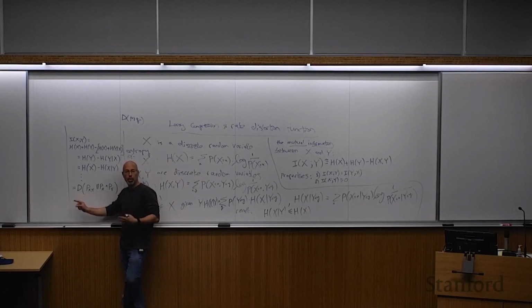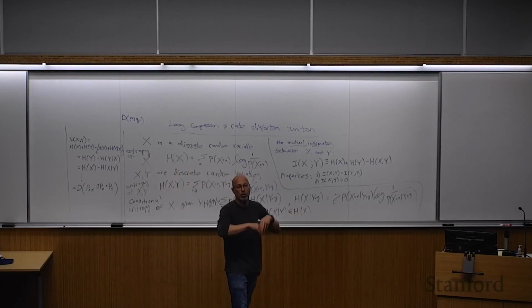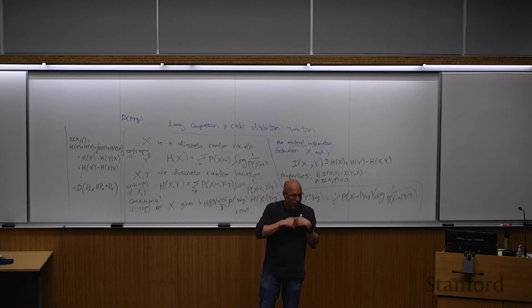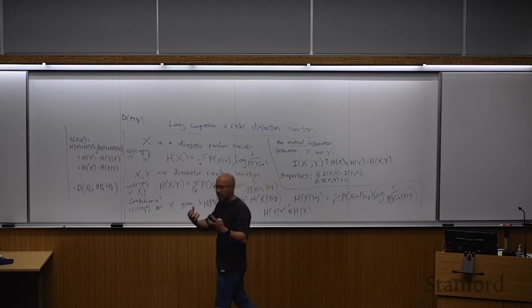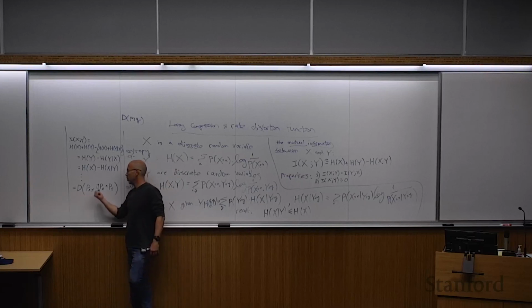So you can always talk about the relative entropy between two distributions, not necessarily probability mass functions, but two distributions that can govern arbitrarily abstract random objects. And so you can always talk about a relative entropy between their joint distribution and the product of their marginals.